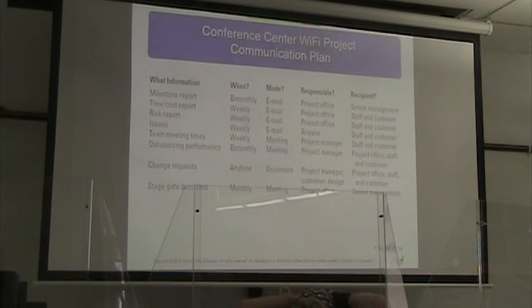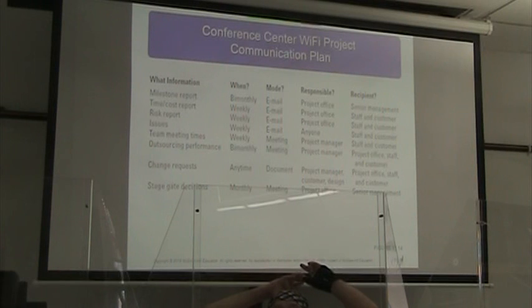All right, so this is the communication plan for a project for a conference center, right? So then they're looking at what is the information we have: milestone reports, time and cost reports, risk reports, issues reports, team meeting times, outsourcing performance, change requests, and gate decisions.